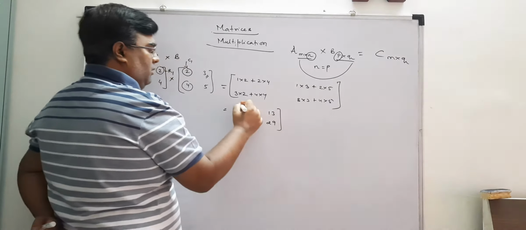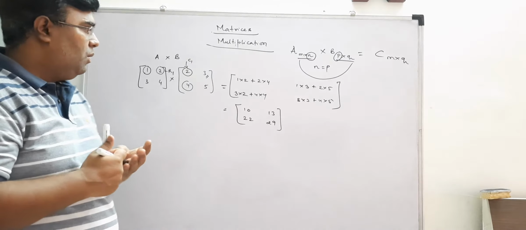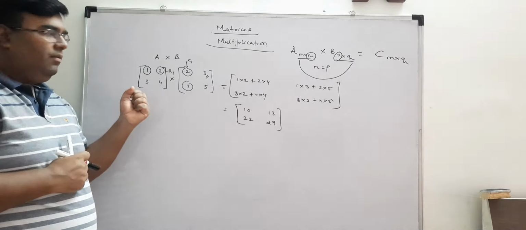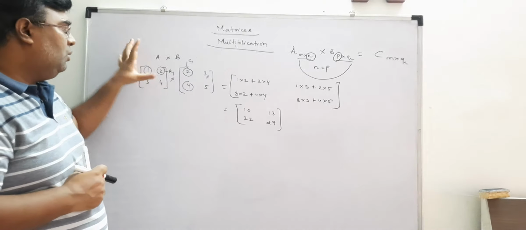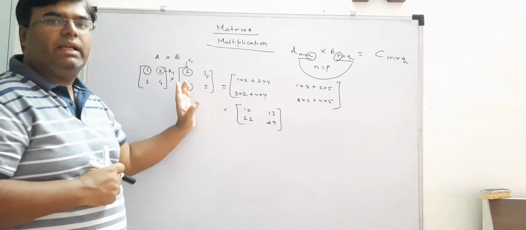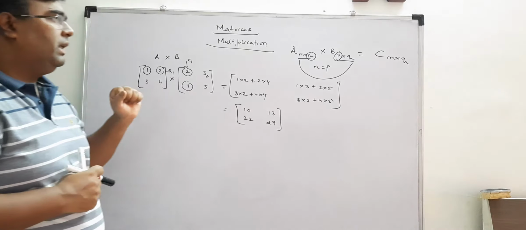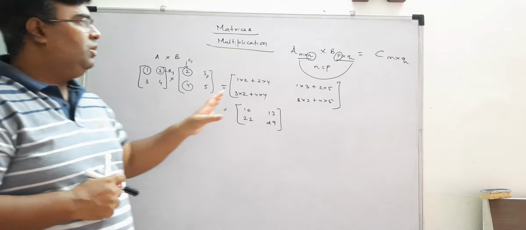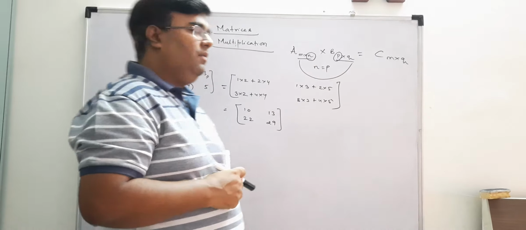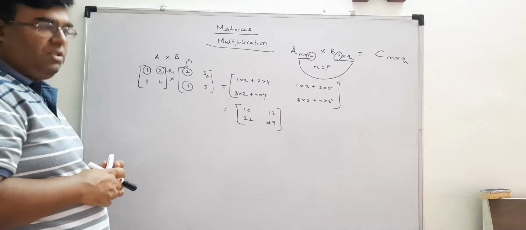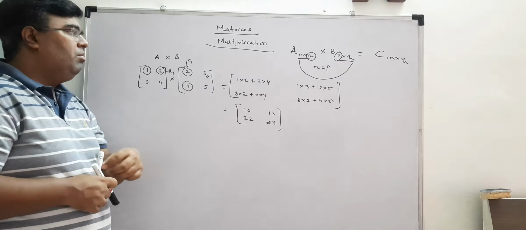So this is my multiplication matrix. We have multiplied rows of the first matrix to the columns of the second matrix, and for that the columns of the first matrix should be equal to the rows of the second matrix. In this way we can do multiplication.